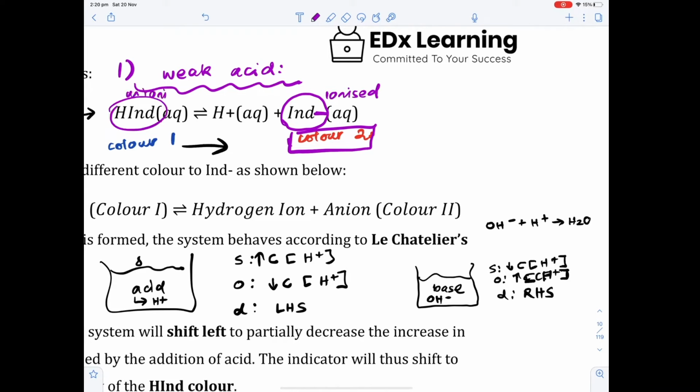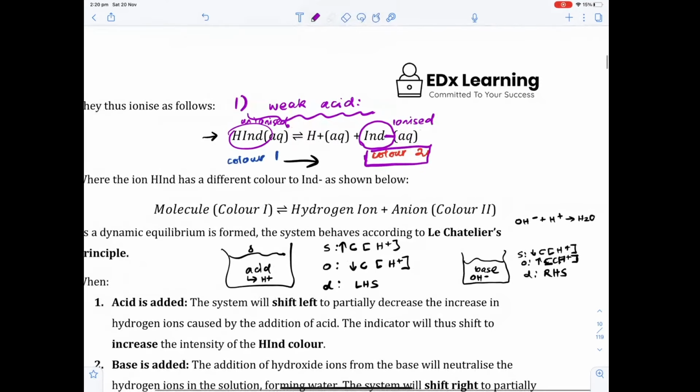So you need to say there are two points. First point is most indicators are weak acids. Second point is the unionized. I'll write this down for you to help you out as well. It's also in your notes. You'll get access to this as well, and you can get it printed and posted to you if you need it. Okay, thank you.